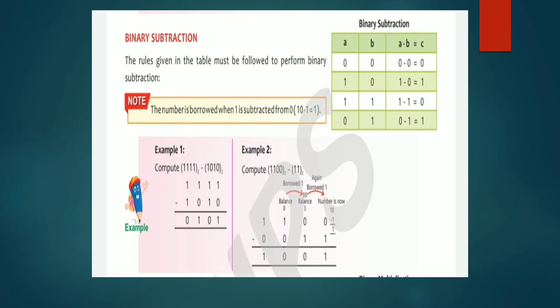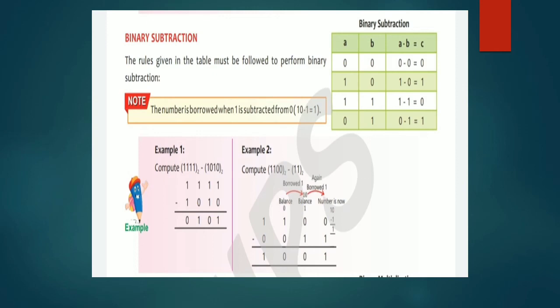Here first example is 1 1 1 1 minus 1 0 1 0. 1 minus 0 is 1. Check in table also. 1 minus 1 is 0. 1 minus 0 is 1 and 1 minus 1 is 0. Here no fourth case is here. We see the second example.